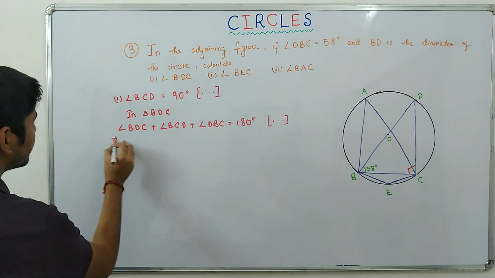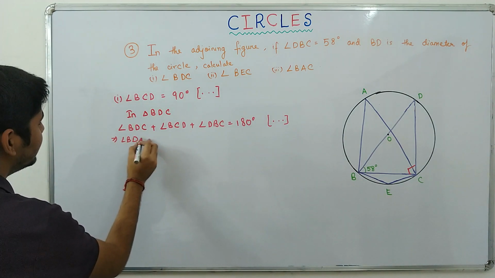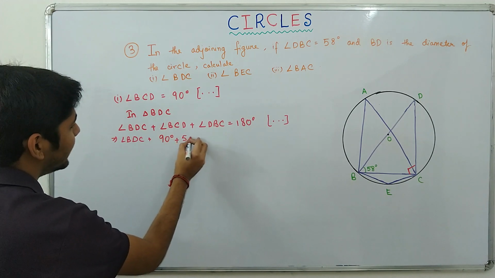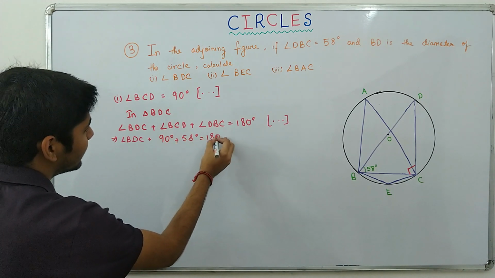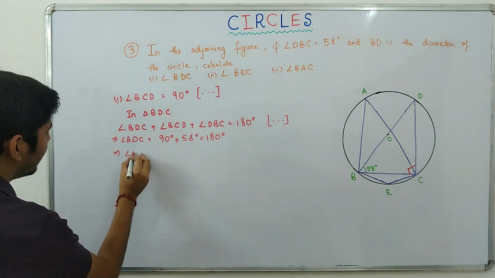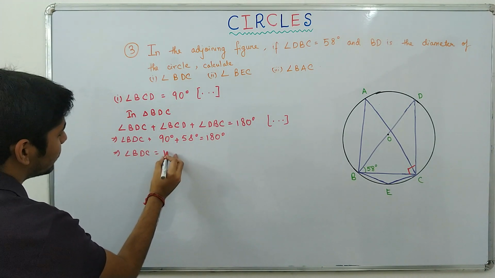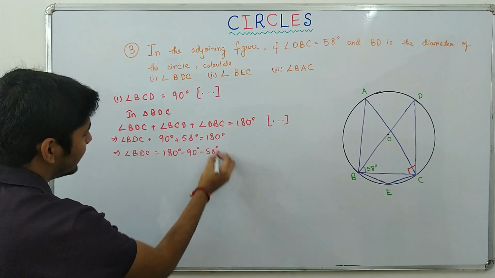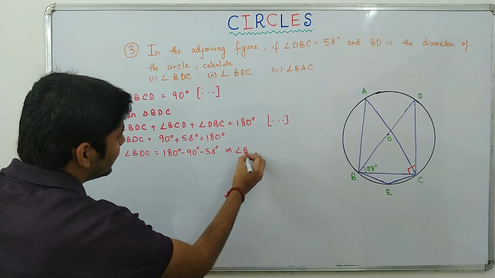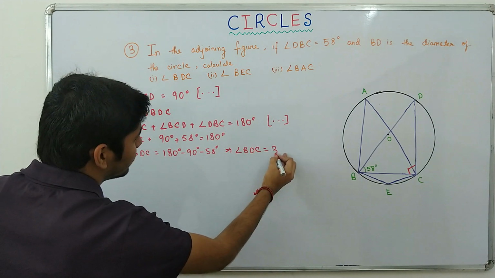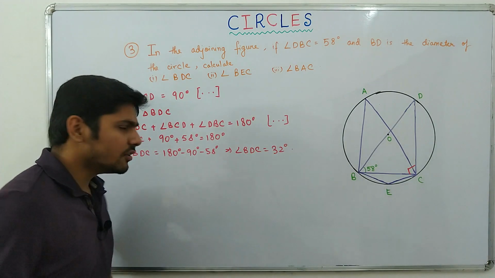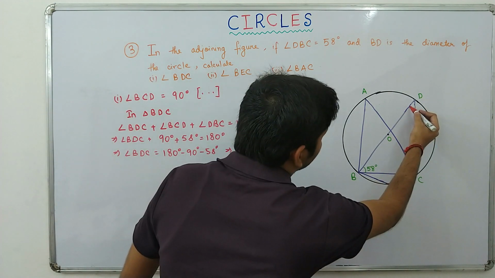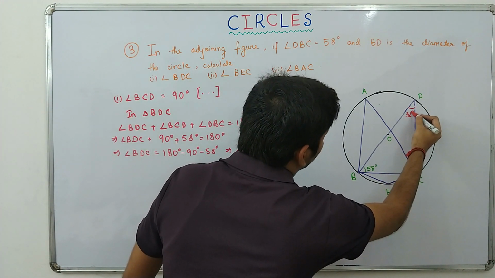So we get angle BDC plus 90 degree plus 58 degree is equal to 180 degree. So angle BDC is equal to 180 degree minus 90 degree minus 58 degree. So we get angle BDC is equal to 32 degree. So we get our first answer, that angle BDC is 32 degree. So this angle is 32 degree.